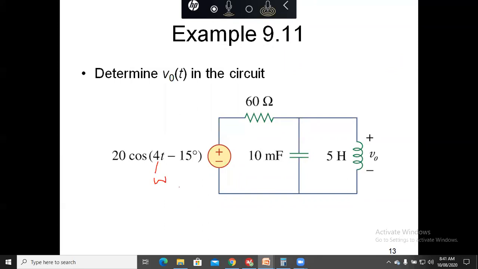Right? So now calculate XC and XL. For this you calculate XC, and for this you calculate XL.